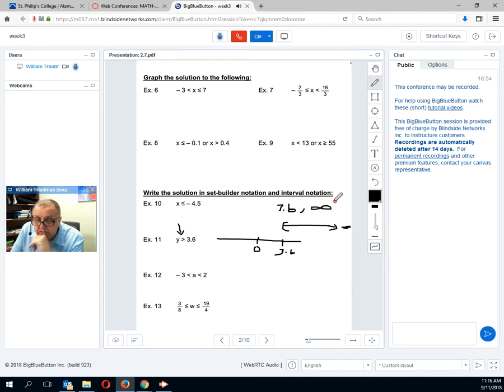You can never touch infinity, so you use a parentheses. We're not touching 3.6 because there's no equal sign in this, so we use a parentheses here, and there's our answer in interval notation, 3.6 to infinity.